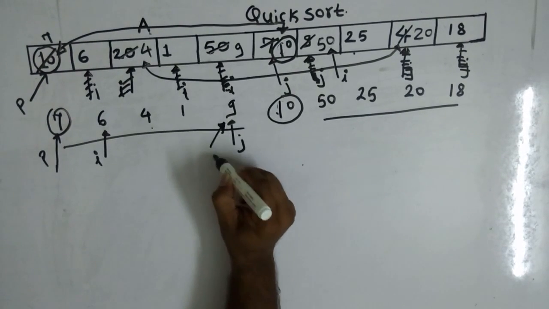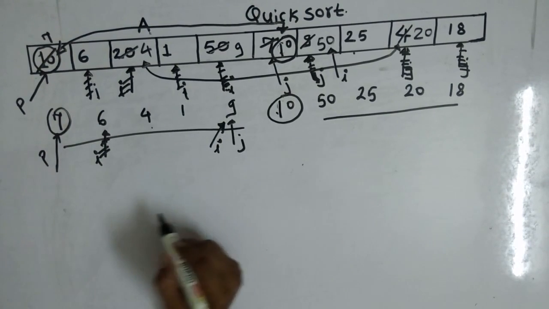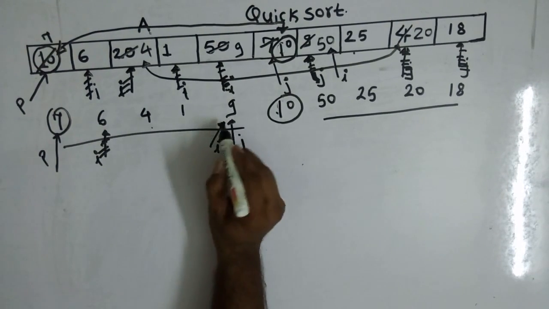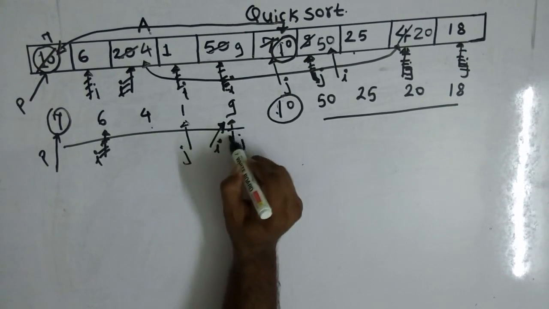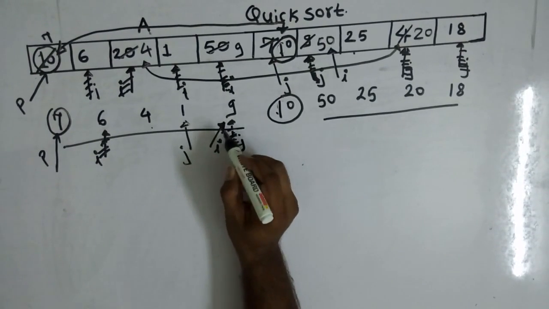So our i will stop here. Now decrement j till you find the element lesser than pivot. So 1 is lesser than pivot, so our j will stop here. Now if you observe, i and j have crossed each other, so this time we will swap pivot with j.